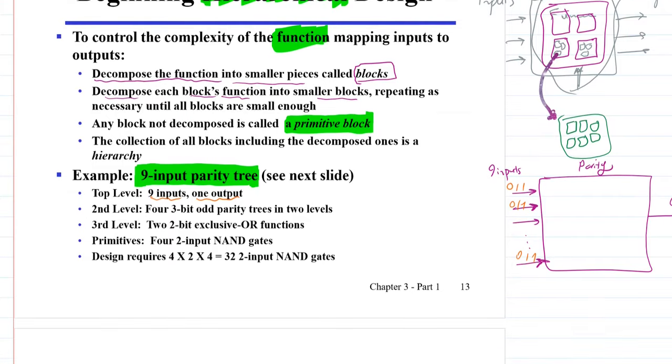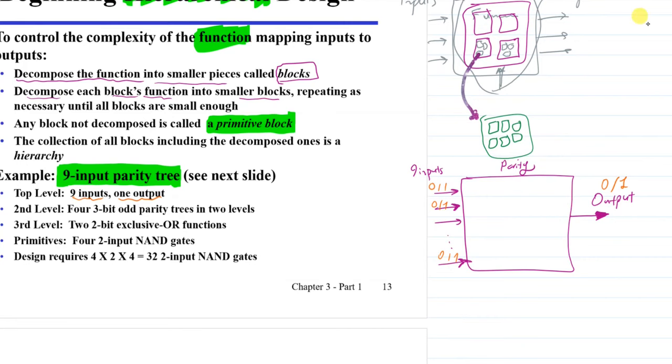Now we can decompose this into smaller blocks. Let's see how this could be done. Assume that we have these 9 inputs. If we use 3 of the inputs at a time and apply a 3-input parity tree, each one of them will give us an output, so we get 3 outputs. These ones that we have here are in the form of a 3-input parity tree or parity check.